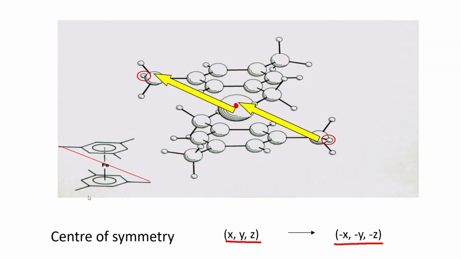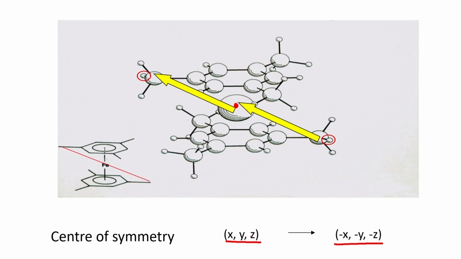What do you think is the symmetry that is associated with the center of symmetry? This should also now be an object where this side of the object is going to minus x, minus y, minus z. So when all three values x, y and z change sign, then you have an inversion.